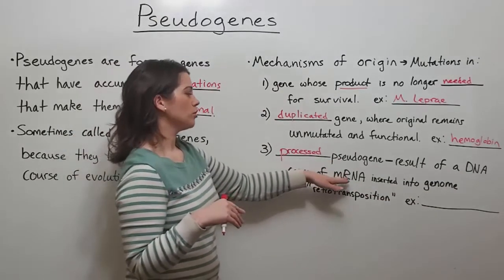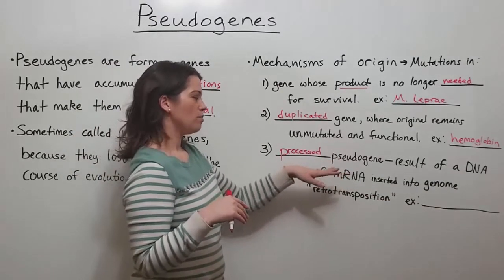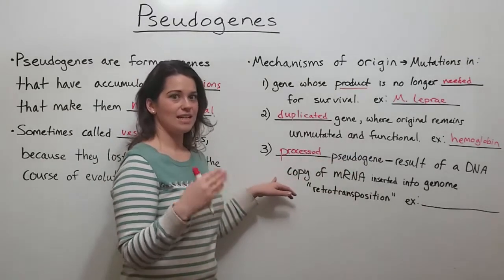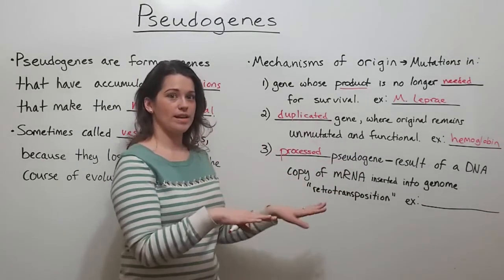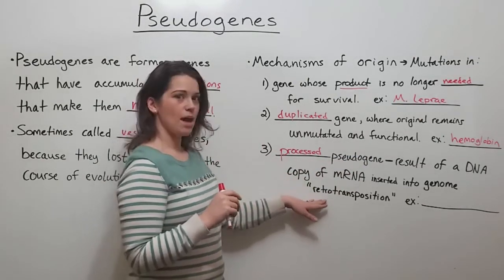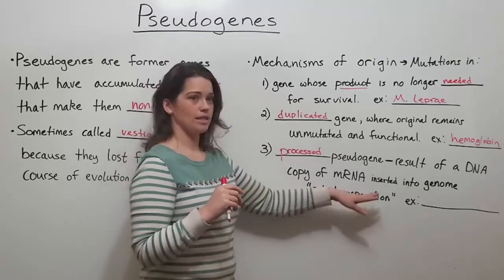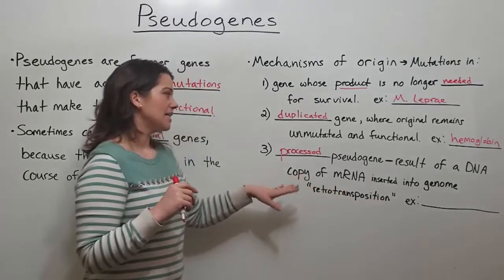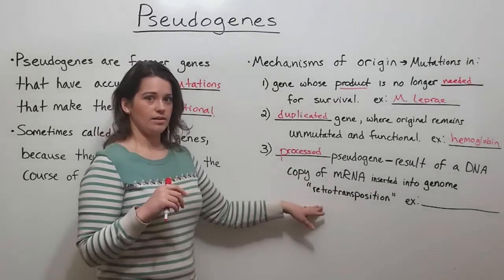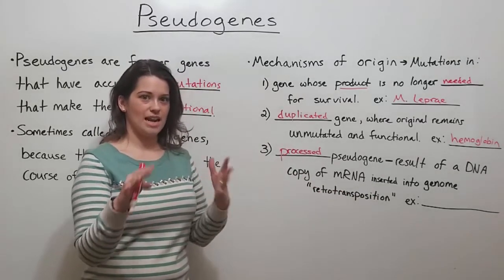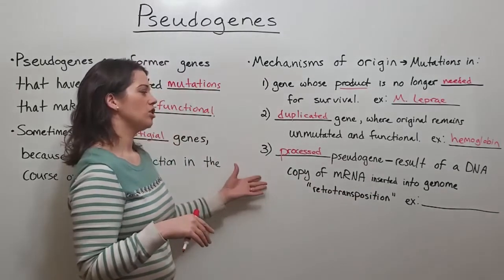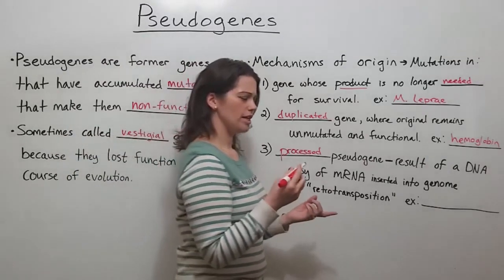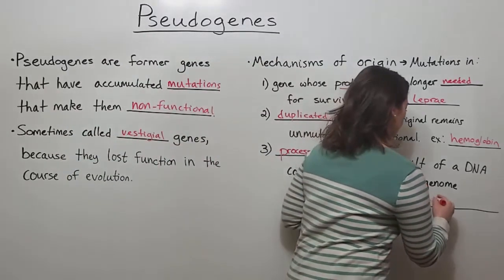So when you have reverse transcription and you make this DNA copy, and that DNA copy then gets integrated back into the genome, that process is called retrotransposition. An example of retrotransposition that adds this non-functional DNA copy of mRNA back into the genome are pseudogenes for both actin and ferritin.